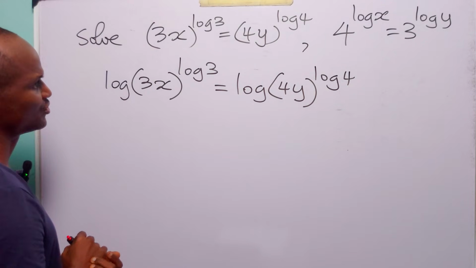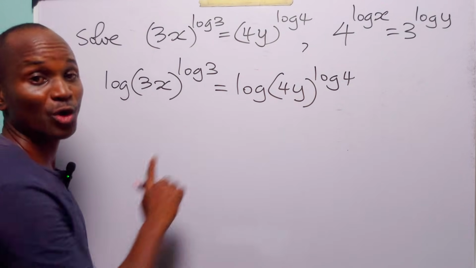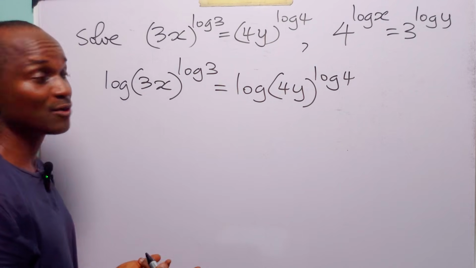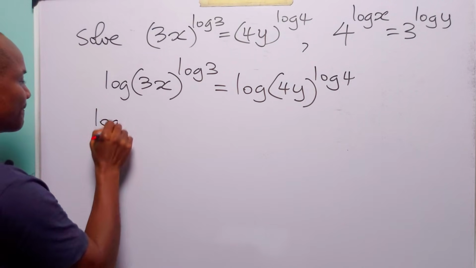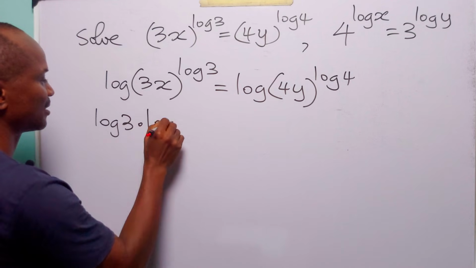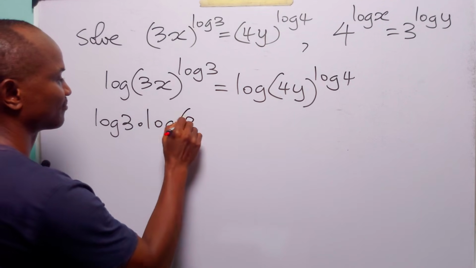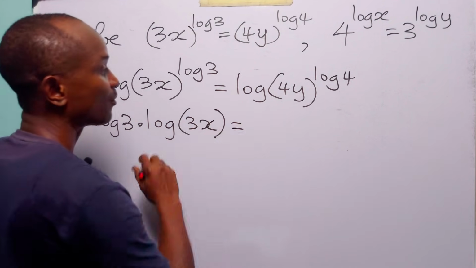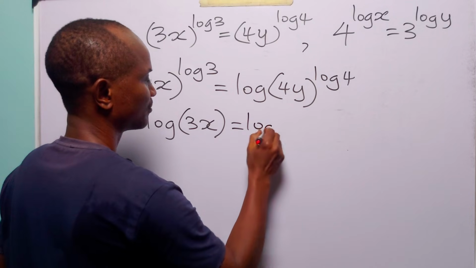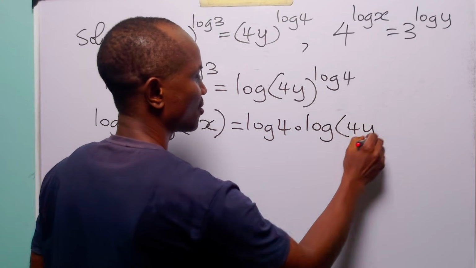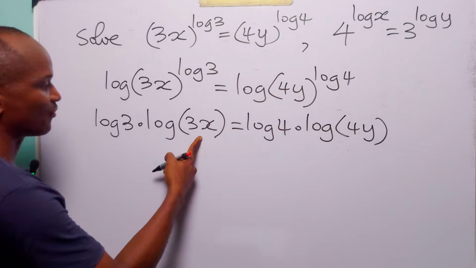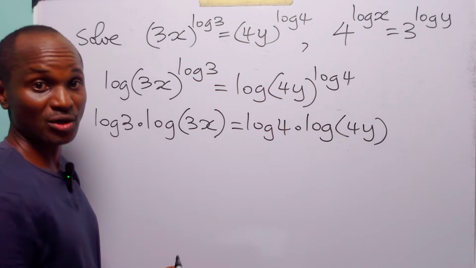Now, the next thing we are going to do is to apply the power rule of logarithms to both sides of the equation. When we do that, we have that log 3 times log 3x is equal to log 4 times log 4y. Now, of course, you know that these two are products.